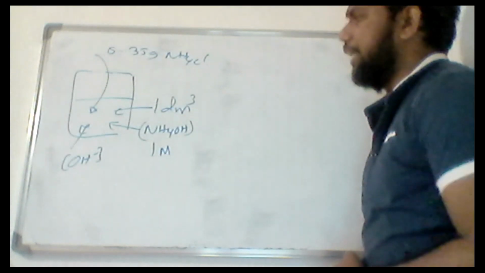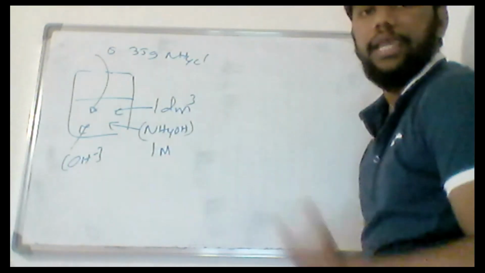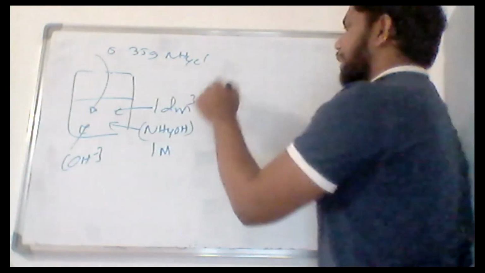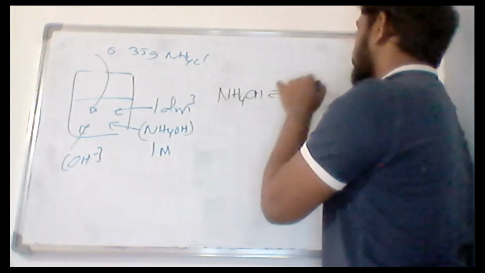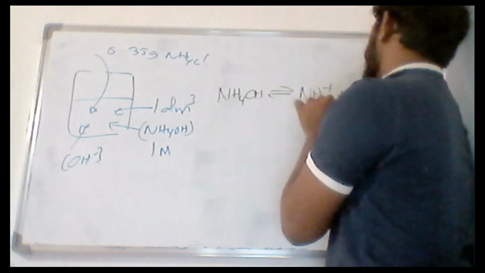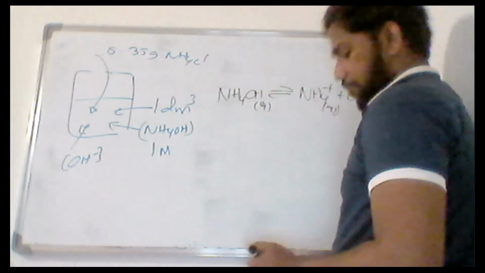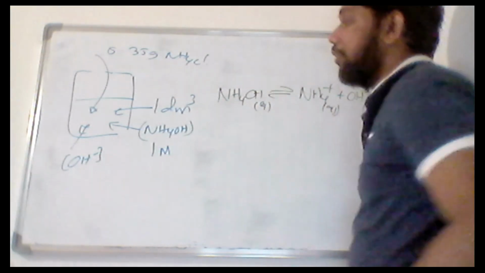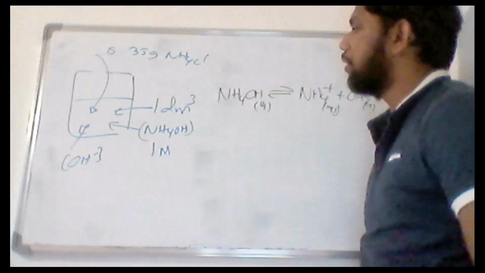Okay, so what is here in the solution? That is one thing. So we have initially the NH4OH equilibrium, and its concentration is also given, that is 1 m.